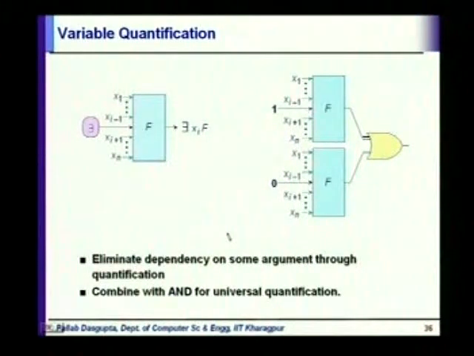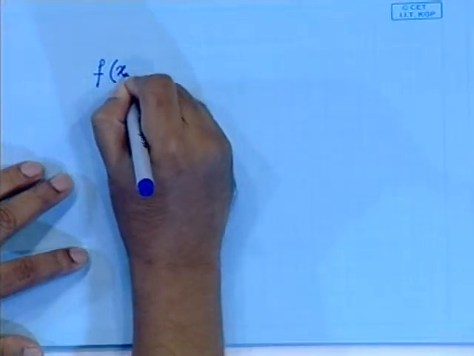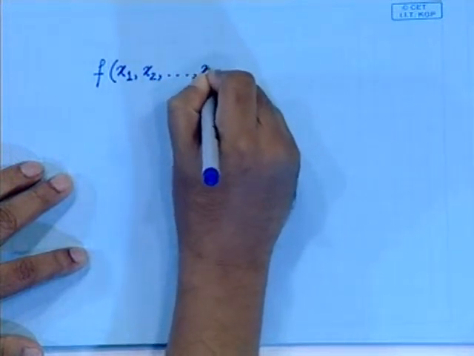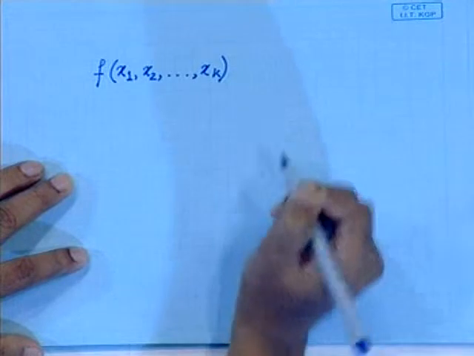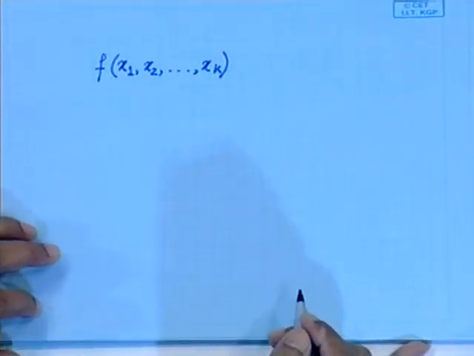One interesting thing that we often require is quantification. So, suppose I want to find out, given a function f over variables x1, through xk, right.